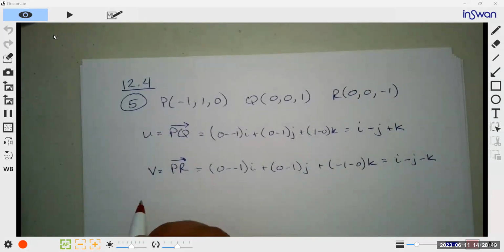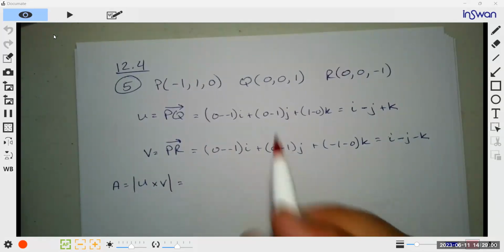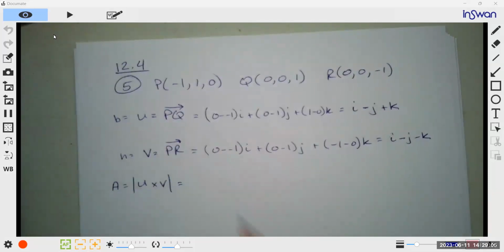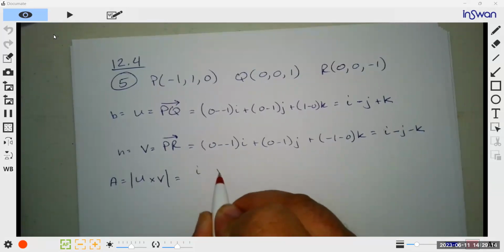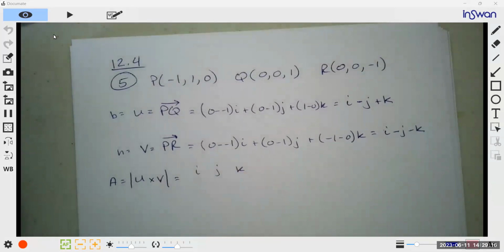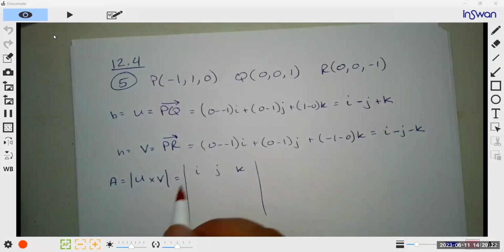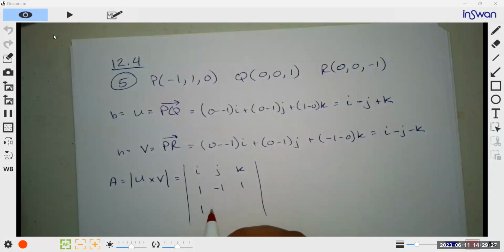All right, so we have our 2. So let's find now the area, which is simply the magnitude of that cross product of those two vectors. Because this is the base, this is the height. So we have I, J, K. U is 1, negative 1, 1.